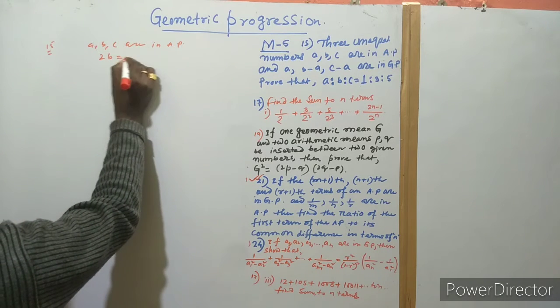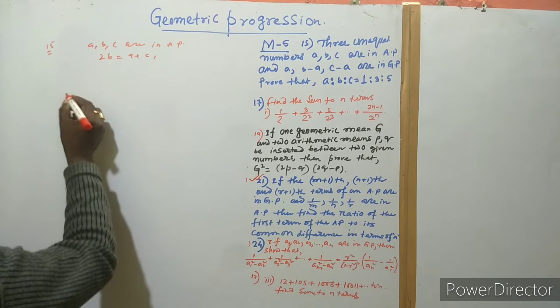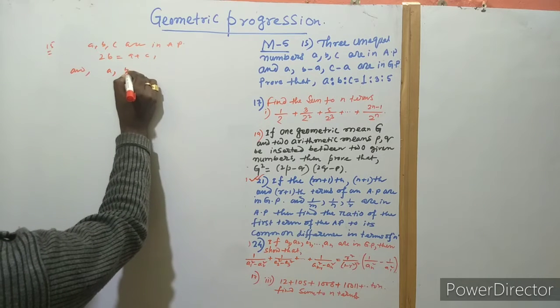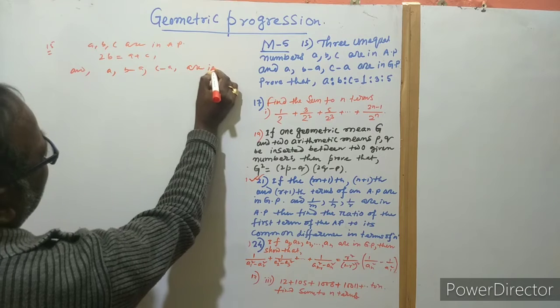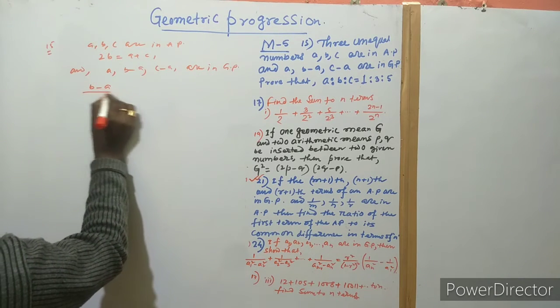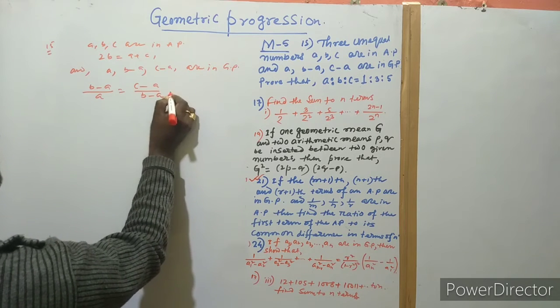So 2B equal to A plus C. Also given that A, B minus A, C minus A are in GP. Then B minus A by A equals C minus A by B minus A.